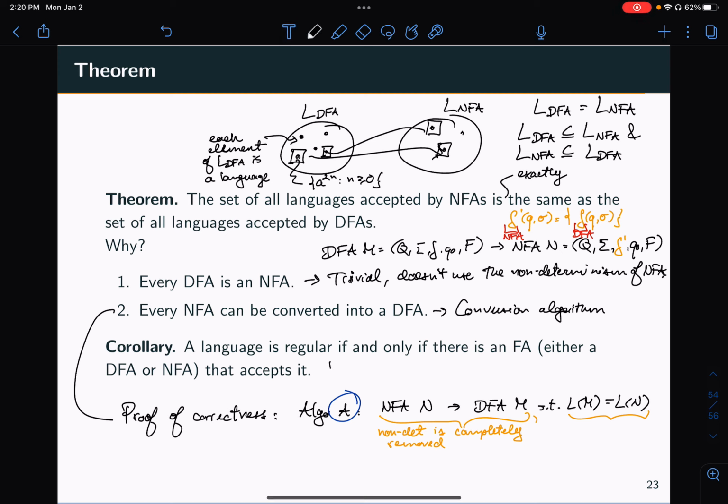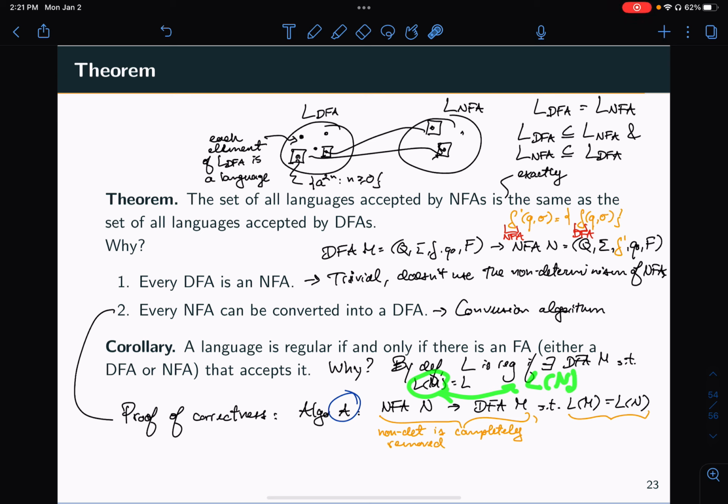Why? Because remember, by definition, L is regular if there exists a DFA M such that L of M is equal to L. But now, because we know that the family of languages accepted by DFAs is exactly the same as by NFAs, this language also has a corresponding NFA.